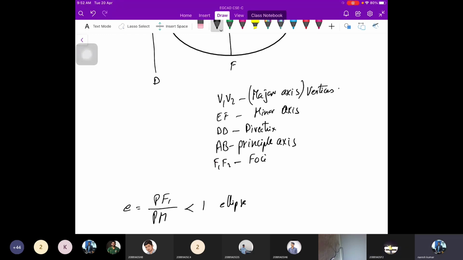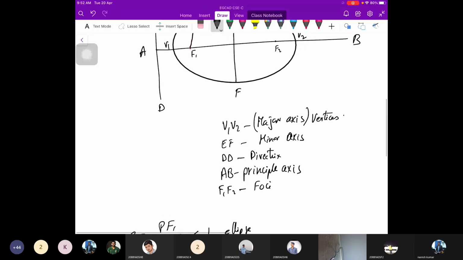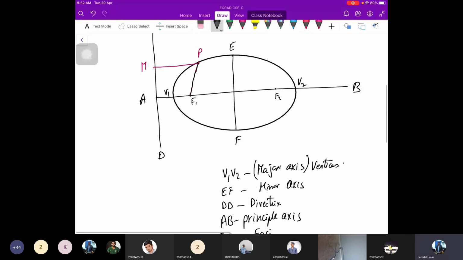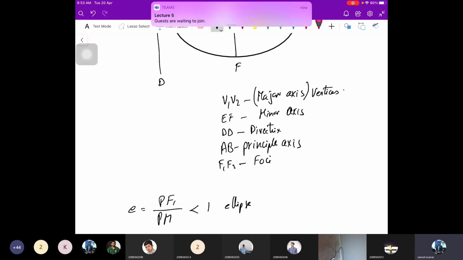It is the ratio of the distance of the point from the focus, that means F1P, to the distance of the point from the directrix, that means MP or PM. That is the definition of eccentricity. How we will draw this ellipse, I will tell you.